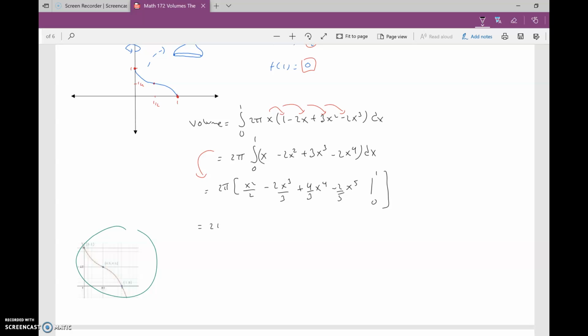Okay, so this is going to be 2 pi times, and I'm just going to plug in the 1 and get an LCD. So we're looking at 1/2 minus 2/3 plus 4/3 minus 2/5 minus the values of 0.